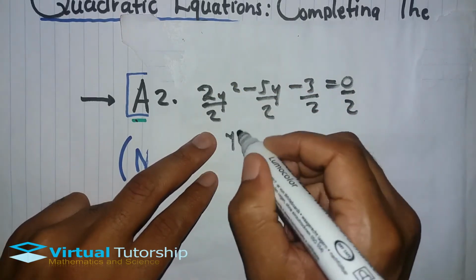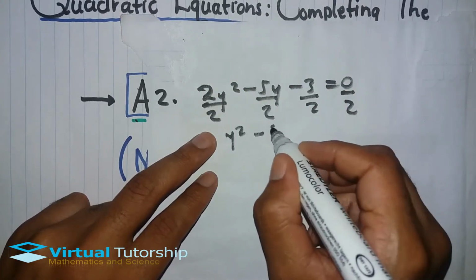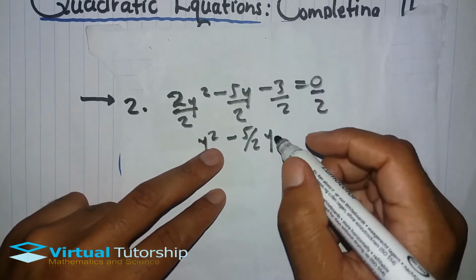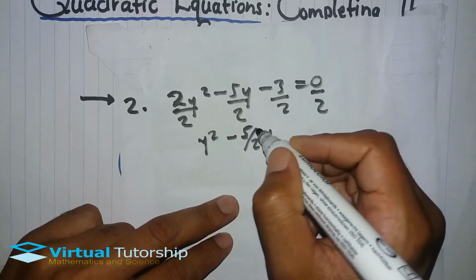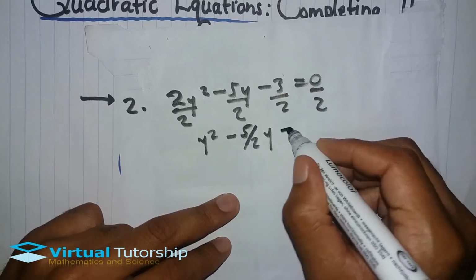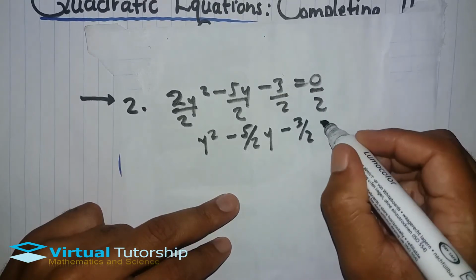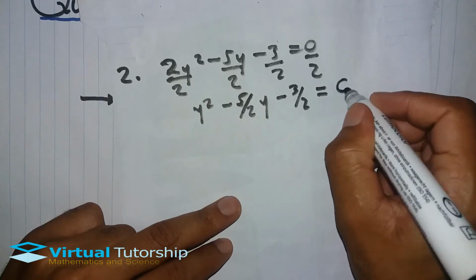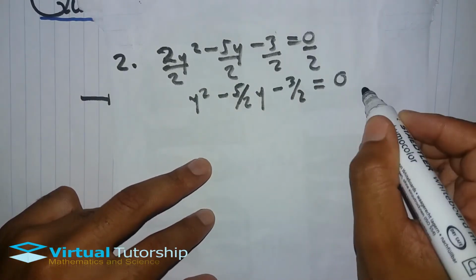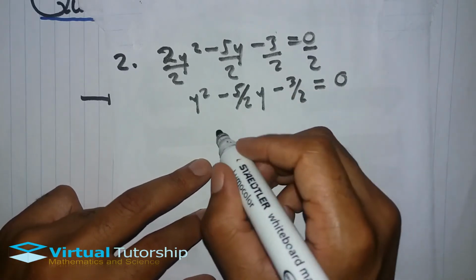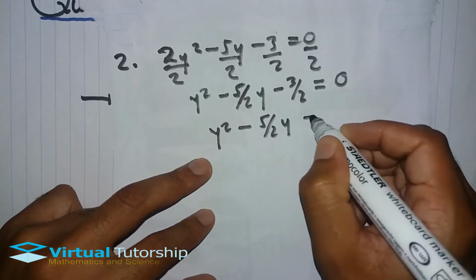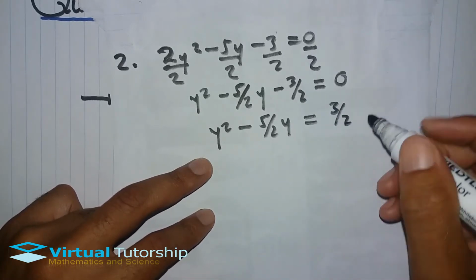2 divided by 2 is y squared, and I will not simplify the others as fractions, because if I divide I will get a rational number. So it's going to be 3 over 2 equal to 0, and 0 divided by any number is 0. Therefore I take the c value to the right hand side of the equation, leaving 5 over 2y equal to 3 over 2.